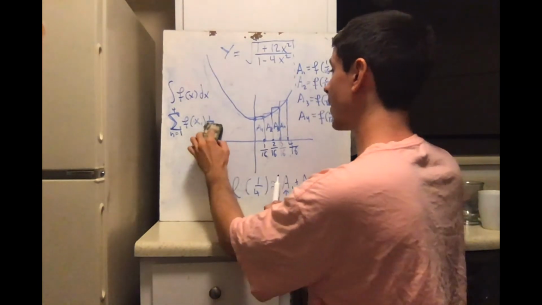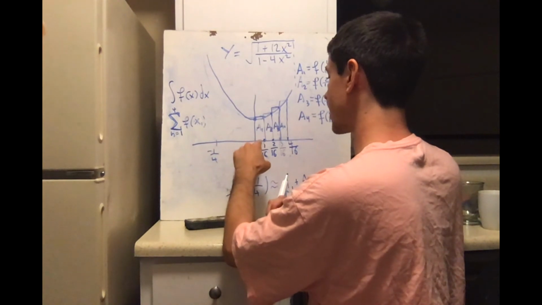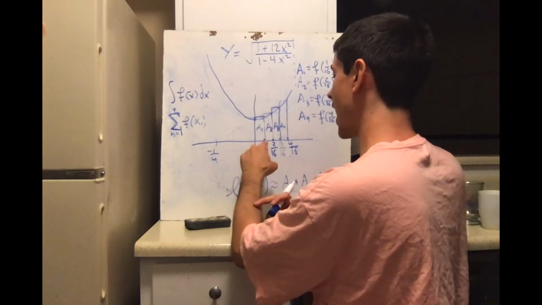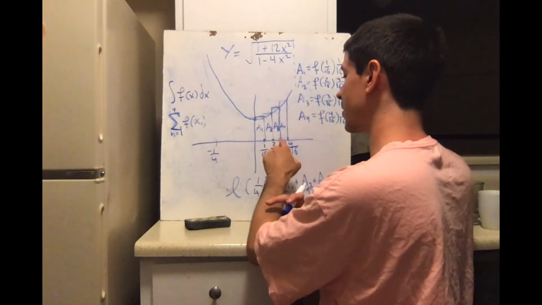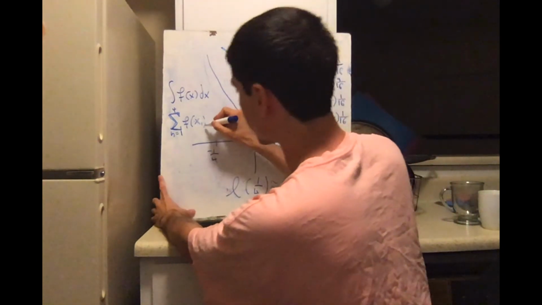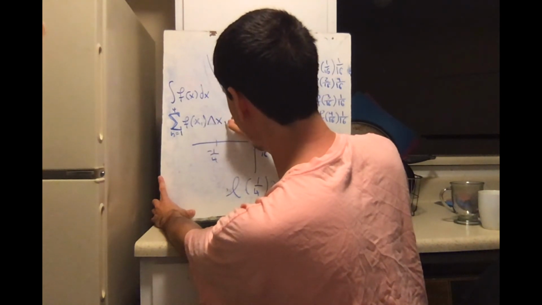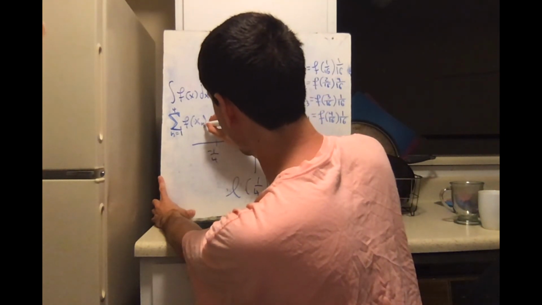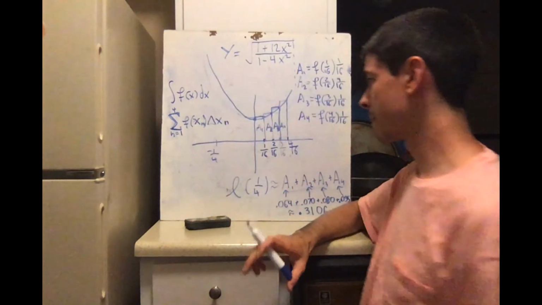And then 1/16 is the difference between x1 and x2, and x2 and x3, the difference between two adjacent x's is 1/16. So we'll call 1/16 delta x_n.